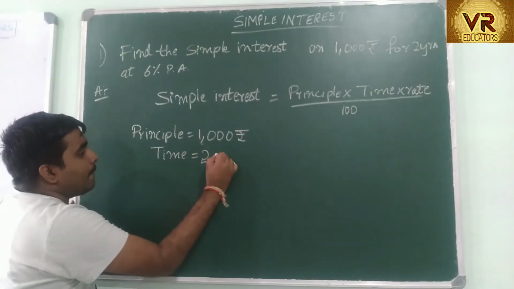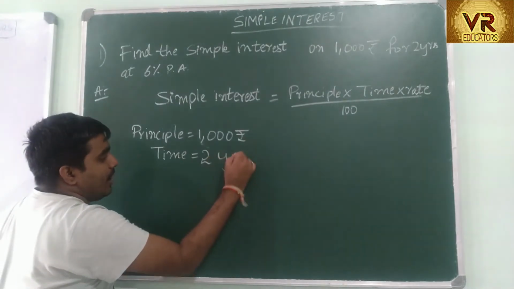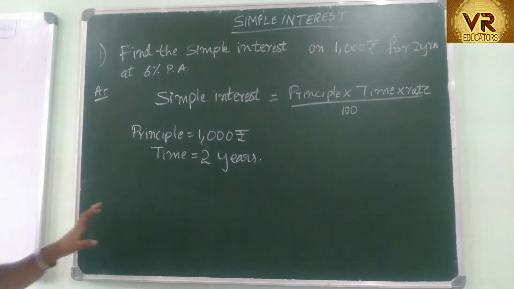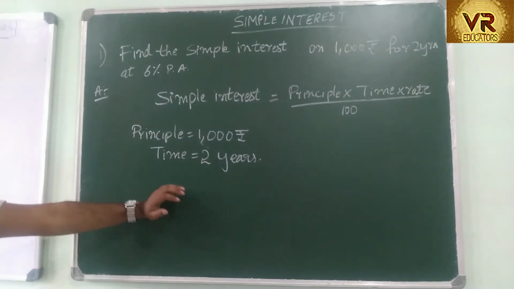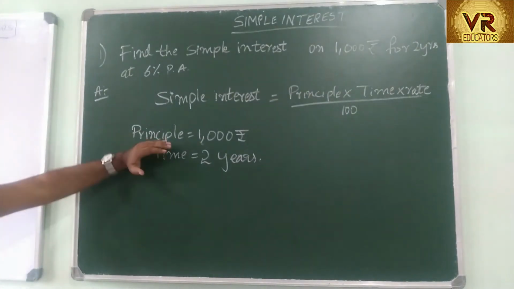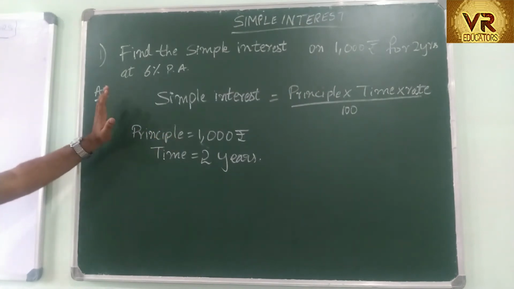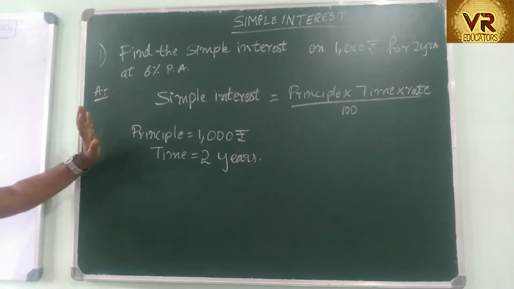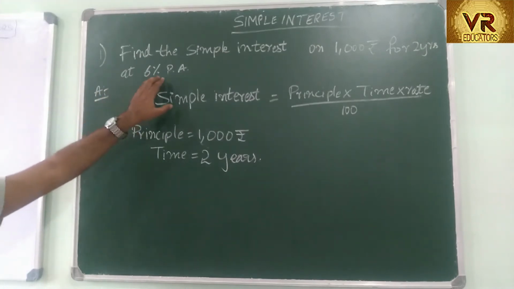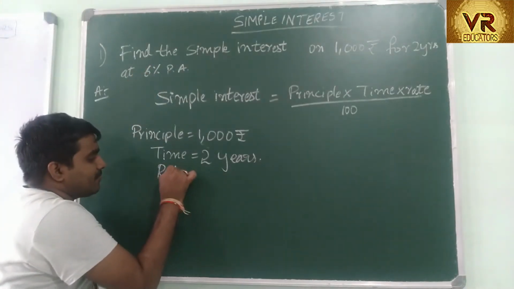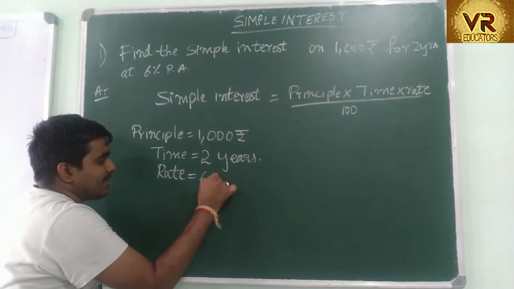So you have to pay the amount, and the time given to you is 2 years. Generally they won't give you the amount for free. They charge a certain extra amount that you have to pay, which is expressed in terms of rate. Here the rate is 6%.